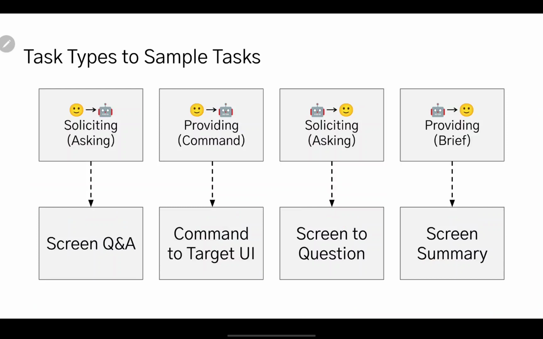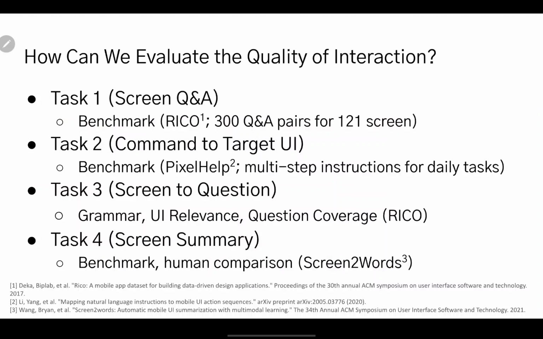and they derived 4 simple tasks from the task types. Each of the task types corresponds to one sample task, so there are 4 sample tasks, and they evaluate the quality of the interaction using several benchmarks and their own metrics.